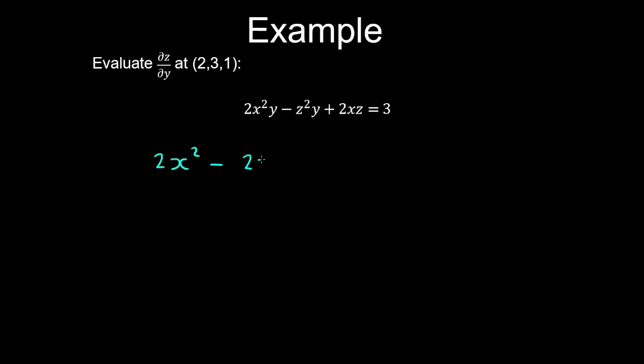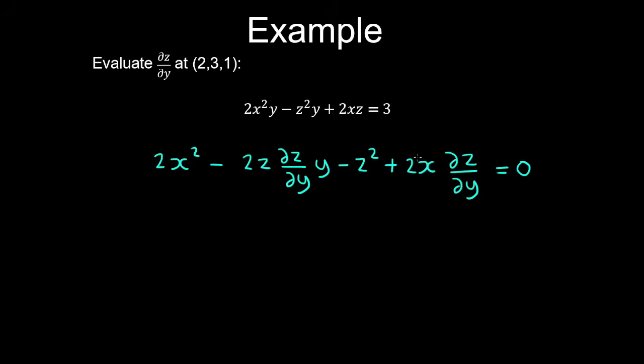So we get 2z by the partial derivative of z with respect to y multiplied by y, minus z squared by the derivative of y with respect to y, which is 1, and plus 2x, which is constant, by the partial derivative of z with respect to y, and that's equal to 0.